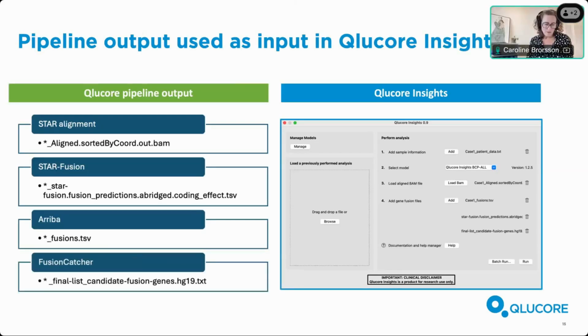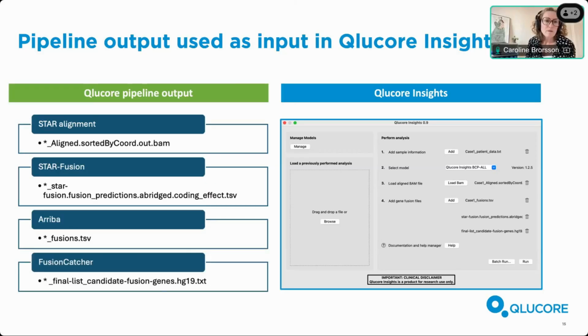So, which files are used as input to Qlucore Insights? From the STAR alignment, we use the BAM file, which is sorted by coordinates. STAR-Fusion uses the fusion file ending with coding effects, because then we have the information whether or not a fusion is in frame.